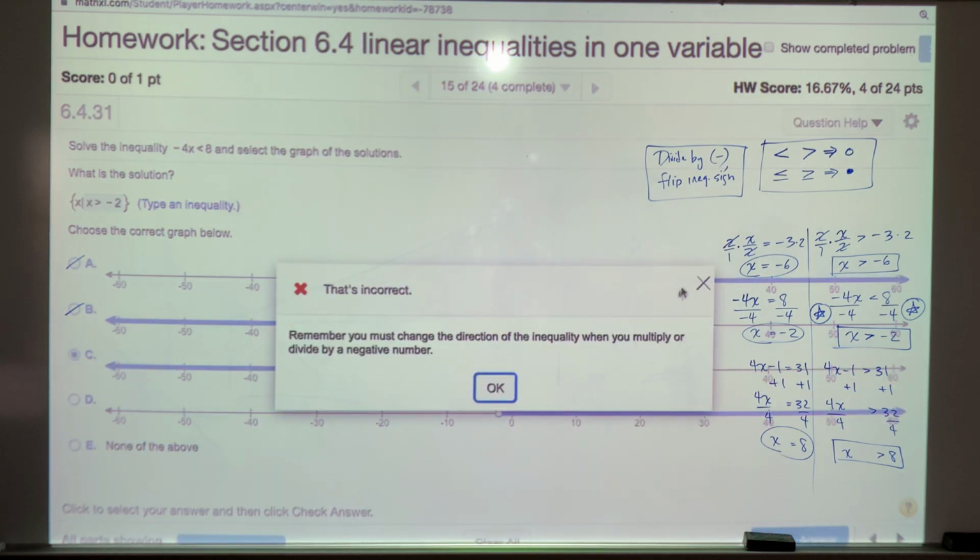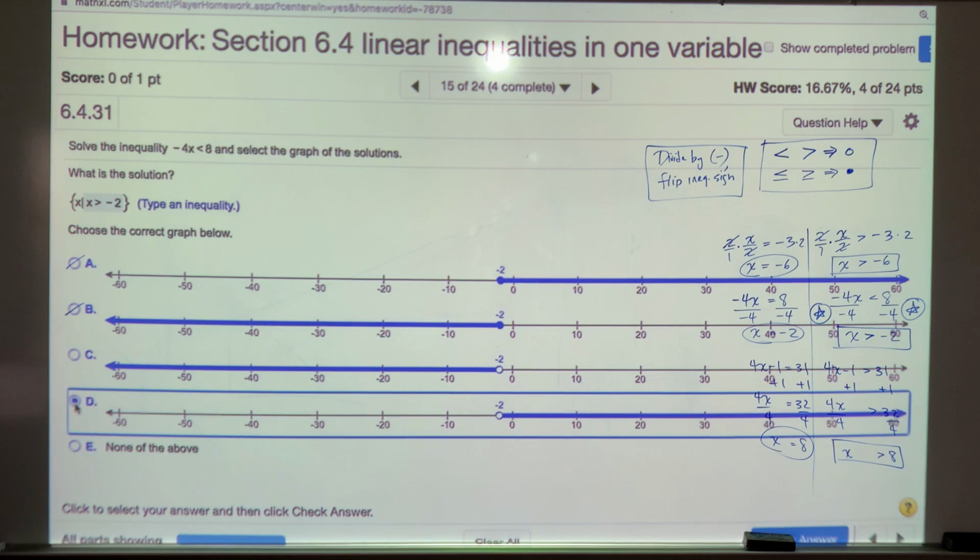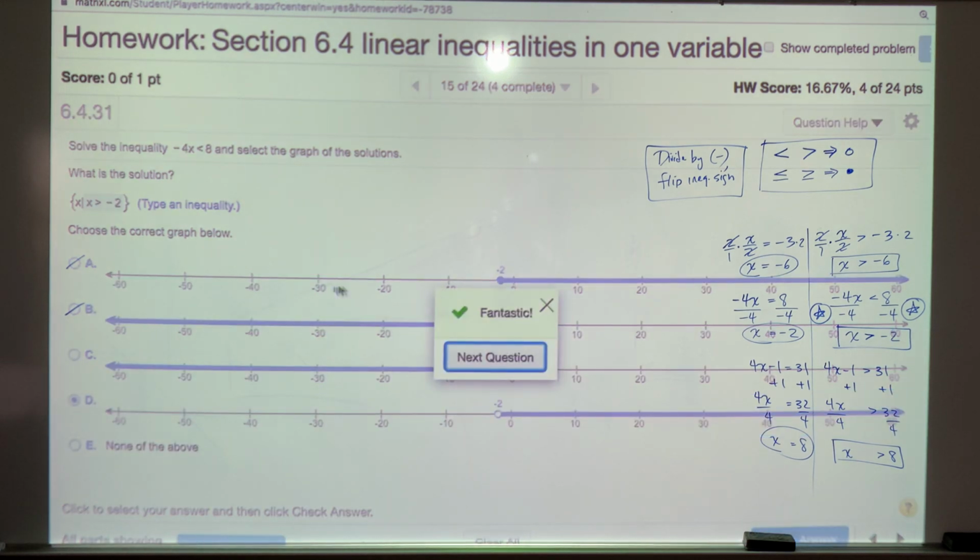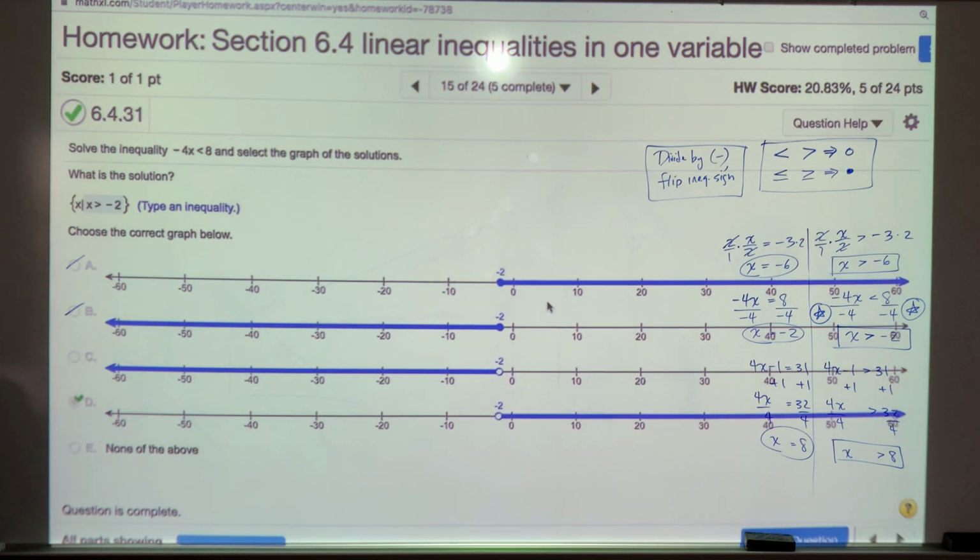When in reality, it should be D because I reversed the inequality sign. Make sense? Any questions about that? Any questions about your problem?